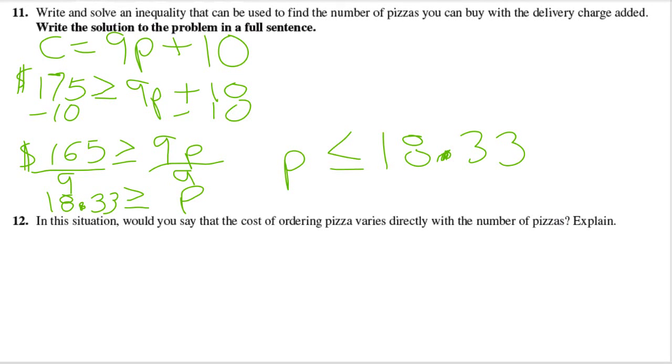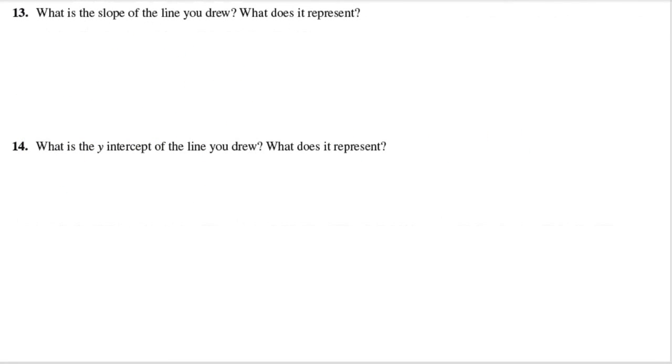So we double that cost, but we don't double the total because we add $10 for the delivery charge. We add $10 to $90, we get $100. We add $10 to $180, we get $190. $190 is not twice $100. So by adding 10 each time, we no longer have direct variation. Go on to question 13.